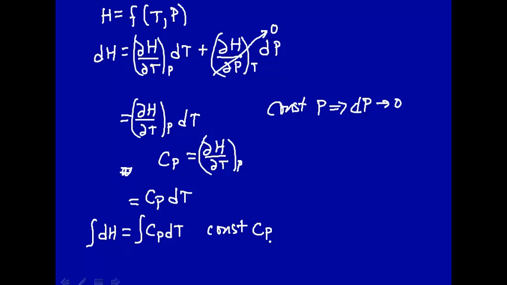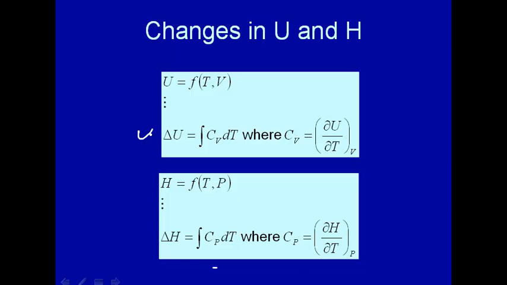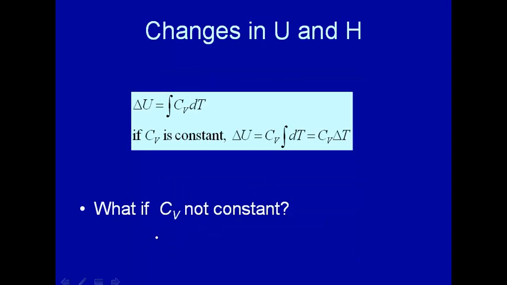In other words, if Cp does not depend on temperature, you can pull it out of the integral. This implies, as we did for internal energy, delta H is equal to Cp times delta T. Okay, so that's interesting, or maybe not. So we just got that one and got that one. Now, let's go on here.